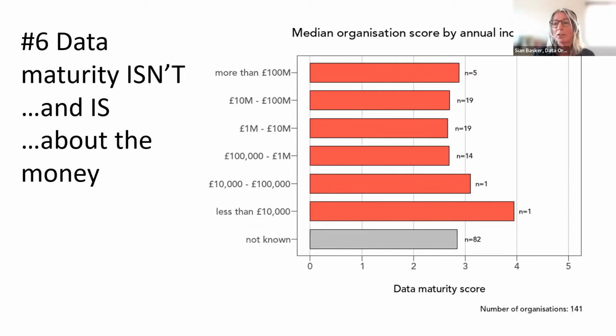We have looked at this time and time again, and this year's results show no difference again, that whatever the scale and size of the organisation that is exploring their data maturity, pretty well they're all in that learning stage. Even the ones we don't know the turnover for are in that learning stage. So there's no evidence that being an overall higher income organisation makes you more mature.